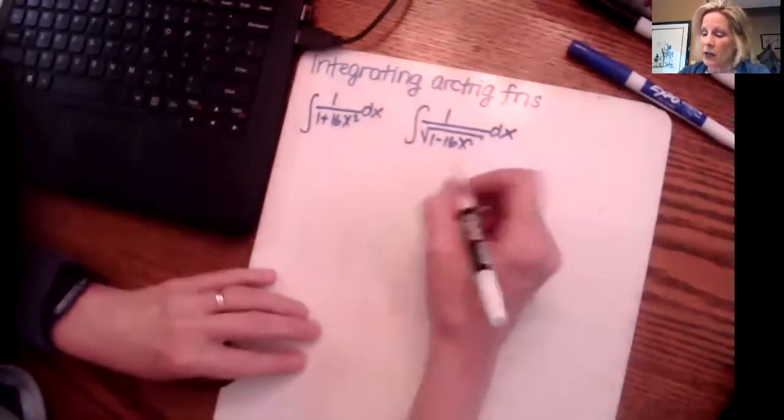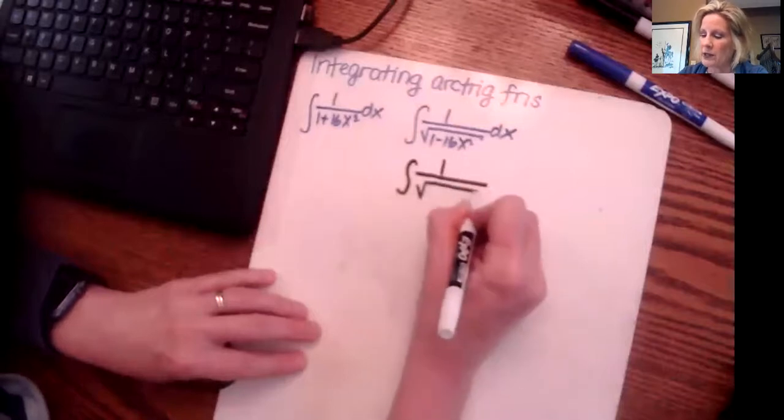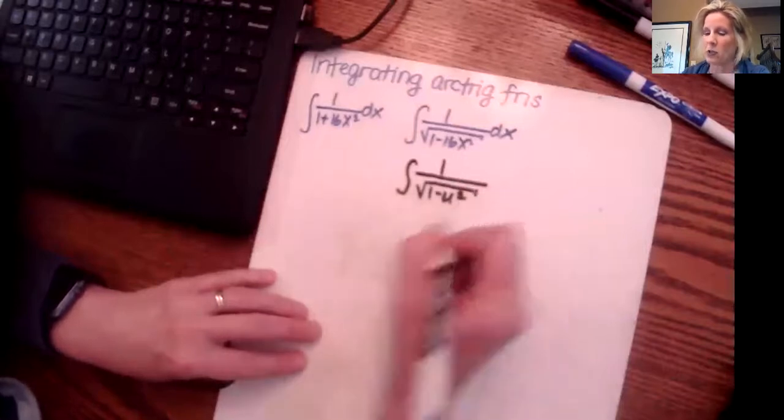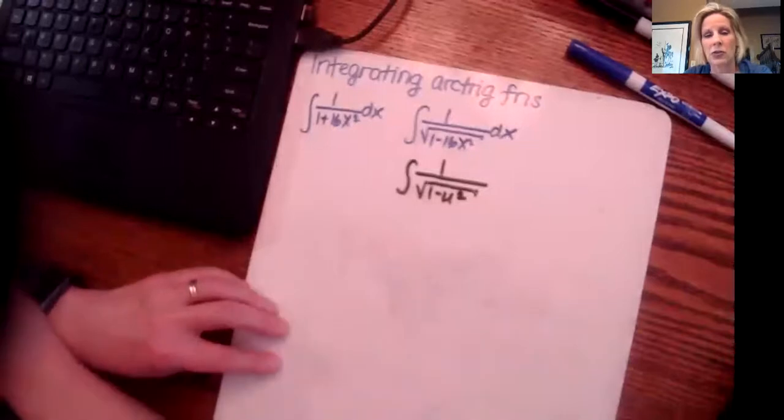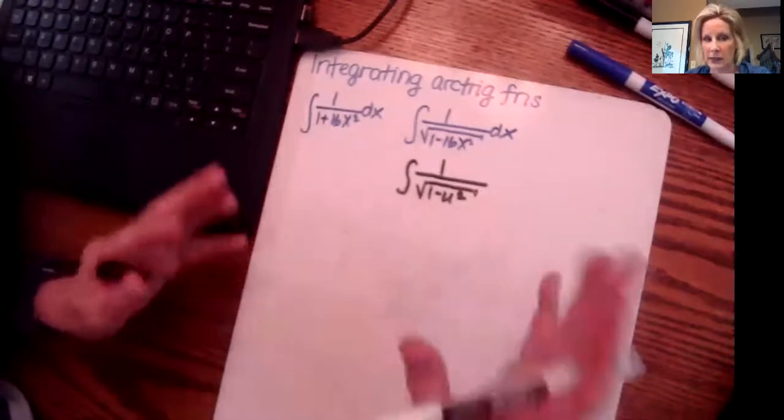So on this one, I know that what I want is for this to be in the format 1 minus u squared, or the square root of 1 minus u squared, because then I know I would say, oh, okay, so that's arc sine u plus c.